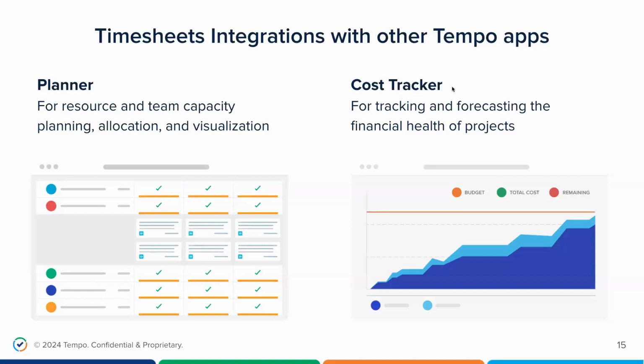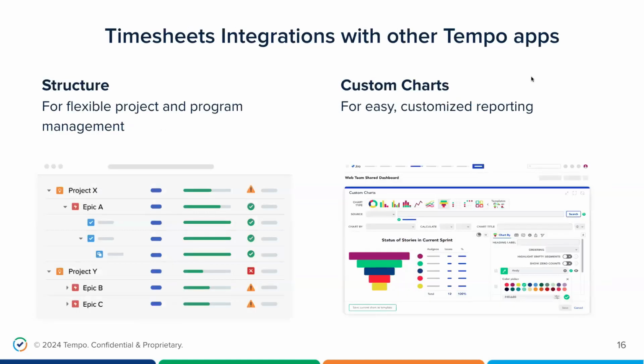Using timesheets with Cost Tracker gives you the ability to translate timesheets data to track the financial health of projects. The financial metrics Cost Tracker provides give accurate real-time overviews of project and portfolio costs, revenues, and budgets. And then a couple more here. So using timesheets with Structure offers robust project management with time and execution reporting capabilities.